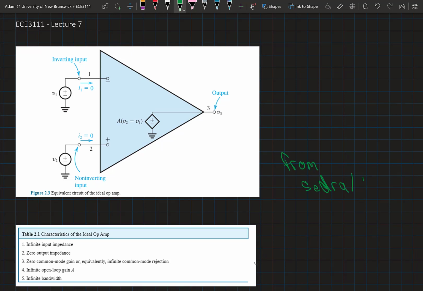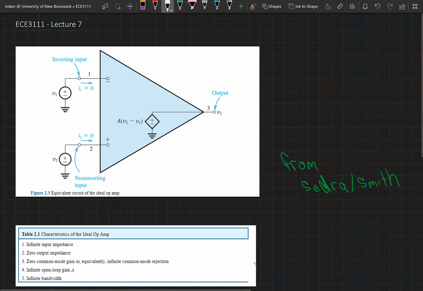and here we see some of the other properties of an ideal op-amp already listed: infinite input impedance. We're actually listing it as impedance, but we've been just talking about it as a resistance for now. Zero output impedance, zero common mode gain.